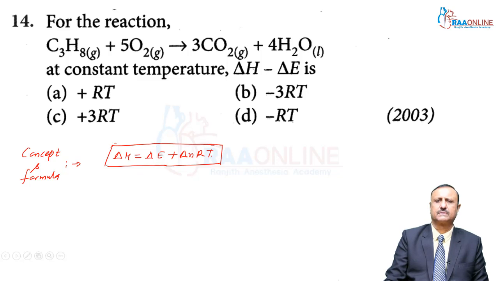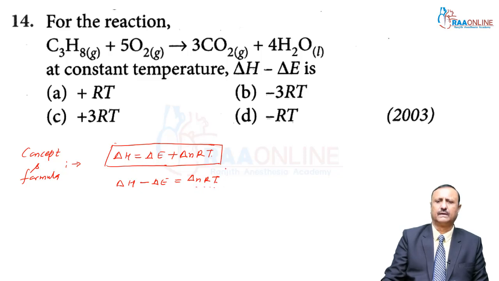So delta H minus delta E equals delta nRT.